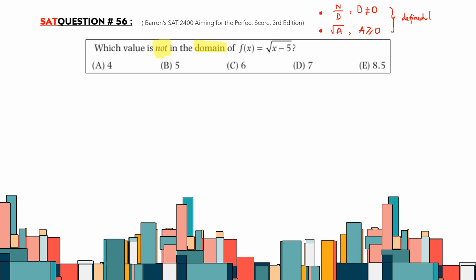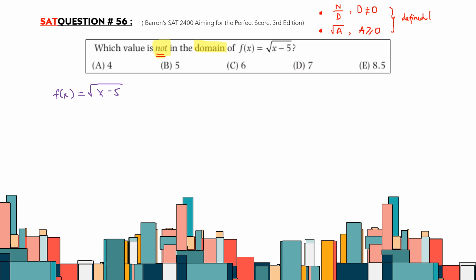Okay, now they say it's not in the domain, so we find something out of that interval. All right. So in this case, we have f of x is the square root of x minus 5.